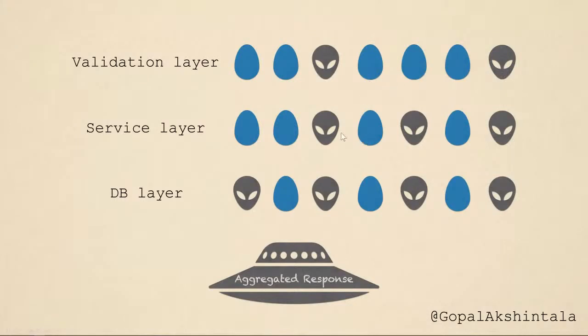I have to hold on to them until I cross all the layers, and only towards the end can I send an aggregated response. But how do I hold on to them and not let them get processed in the subsequent layers? That's tricky. I can't store them in a temporary place because I'm crossing the boundaries of layers. So that's another requirement we're going to cater to.